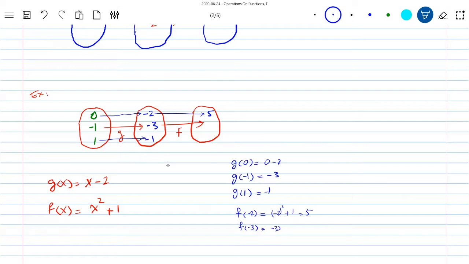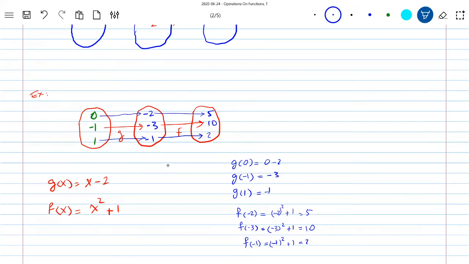Negative 3 squared plus 1 equals 10. I'll end up with 10. If I replace negative 1, f of negative 1, you will get negative 1 squared plus 1, which is simply 2. So you'll end up with 2.